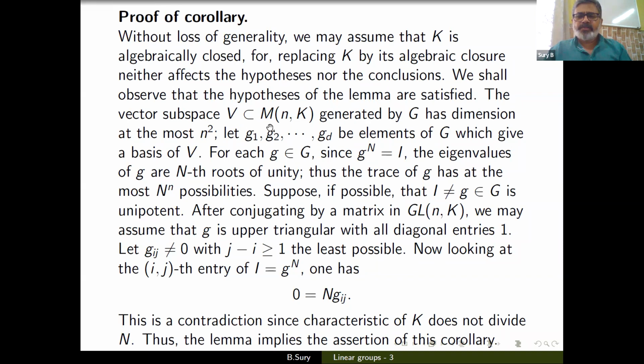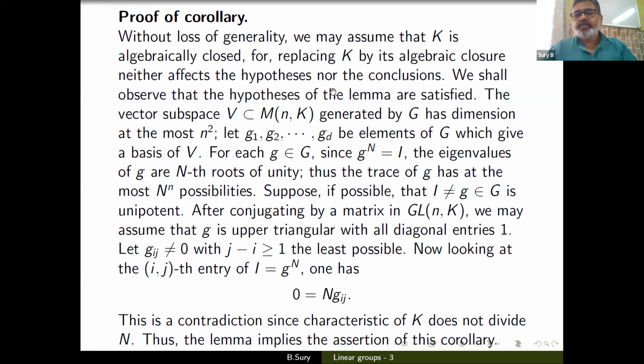Look at the vector subspace of M_n(K) generated by G. G is a subgroup of GL_n(K), remember? In a group we can only multiply, but GL_n(K) is fortunately sitting inside M_n(K), so we can add matrices, and we can add the elements of G. So you are looking at the vector space generated by G inside this. So it's finite. So okay.